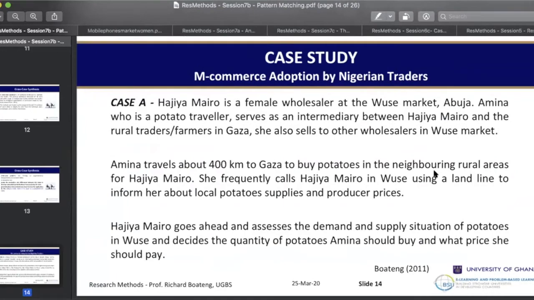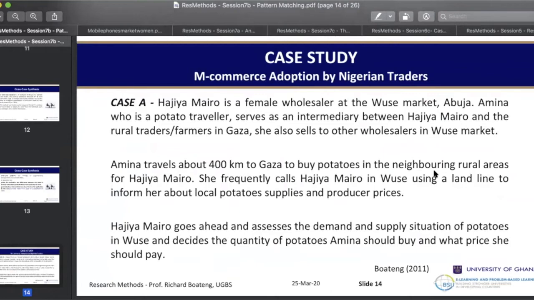So case A: Hajia is a tomato wholesaler. This is the same case, we read this one earlier. Amina is also a potato traveler, who serves as an intermediary between Hajia Mairo and the rural traders in Gaza. She also sells to other wholesalers in the Wuzi market. Amina travels 400 kilometers to Gaza to buy potatoes in the neighboring rural areas for Hajia Mairo.